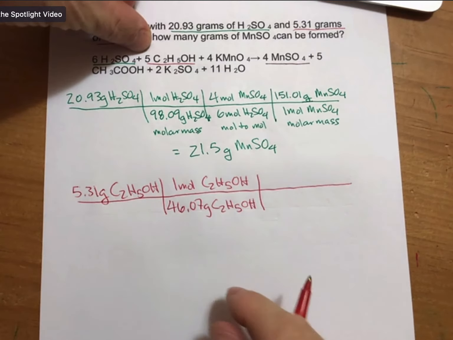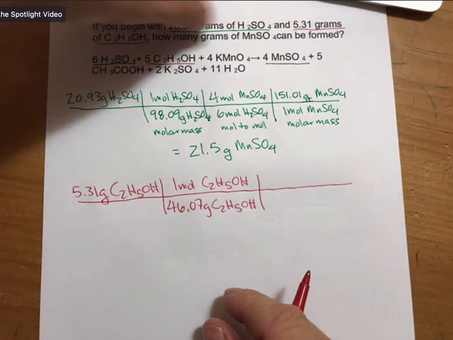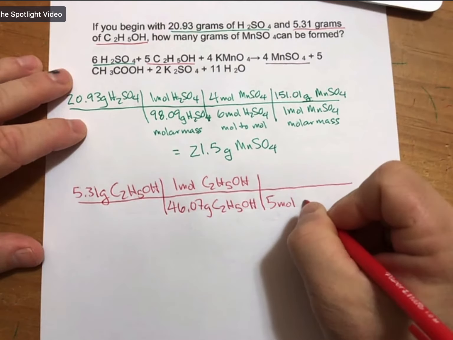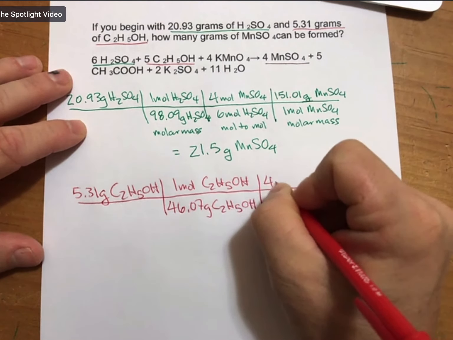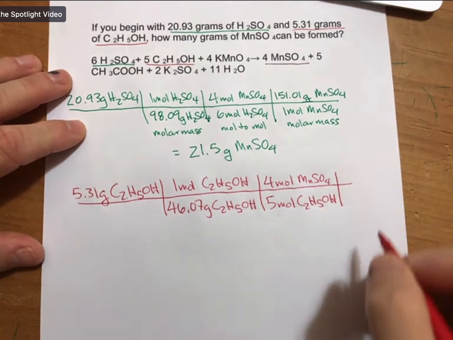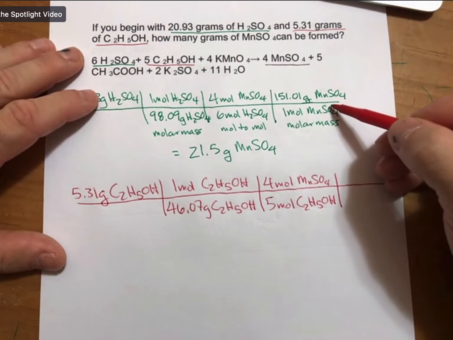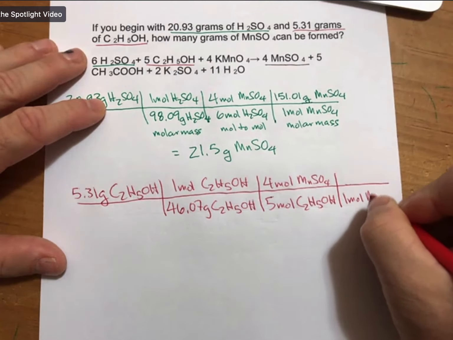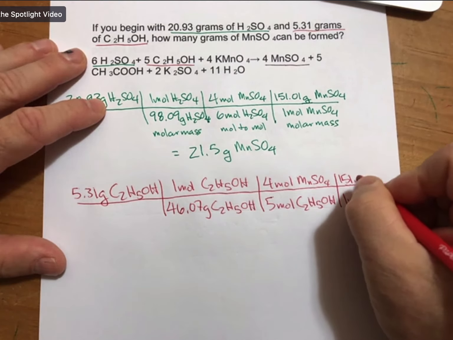Then there are 5 moles of C2H5OH per 4 moles, 5 moles reacted for every 4 moles produced. And then this last step is going to be the same as above, 1 mole for 151.01 grams.